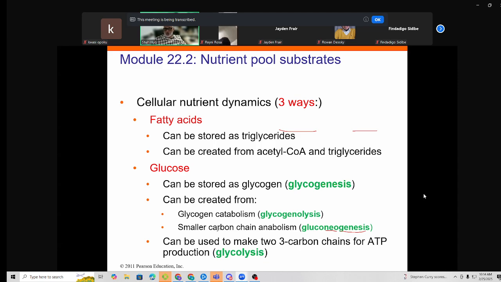So we produce something which actually we make from the glucose when we make the energy from the source glucose or glycogen sources. We make smaller carbon chain compounds, like the 3-carbon or 2-carbon compounds. We name it gluconeogenesis because it is a carbon chain, which is glucose, but not glucose.